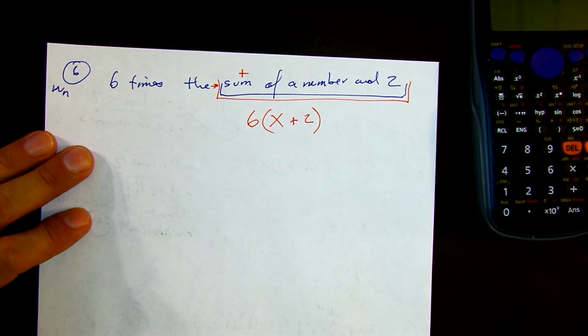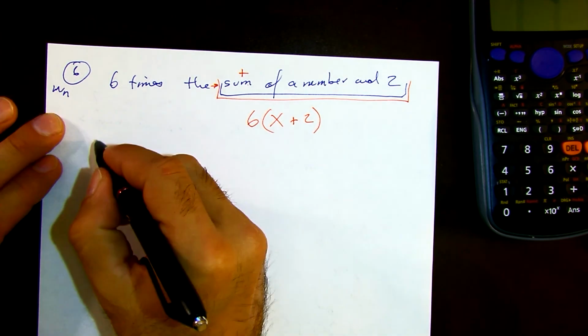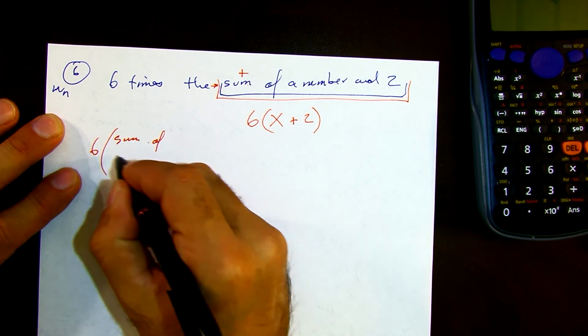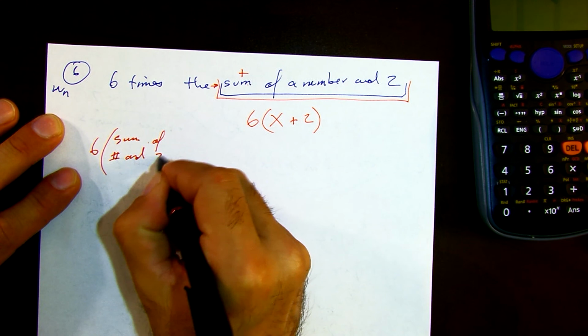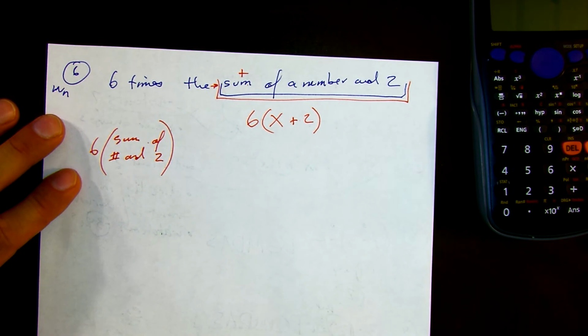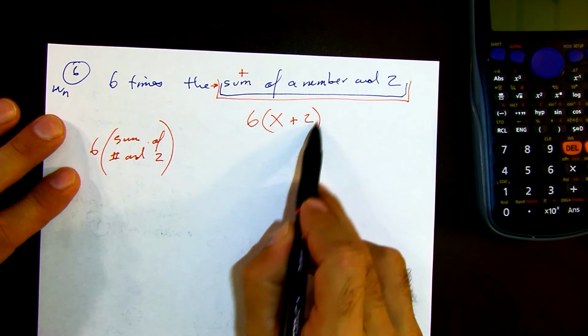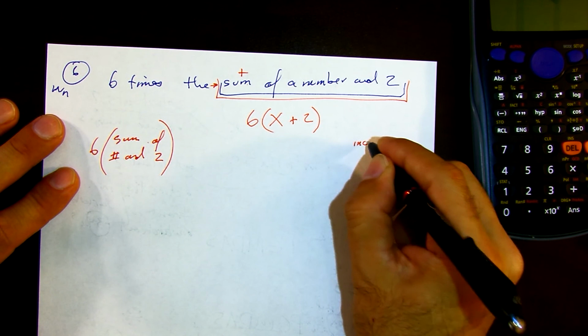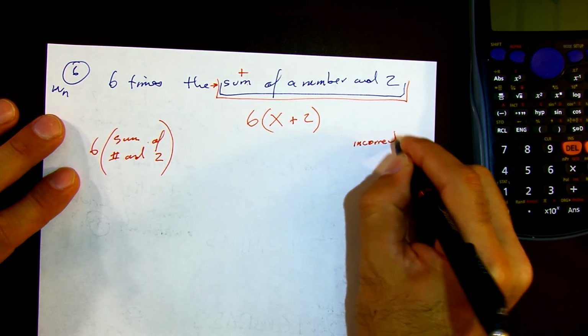We have this sum of a number and 2. And then it's 6 times that. Okay? So it's 6 times the sum of a number and 2. It's 6 times that. It's not 6 times a number and then add 2.